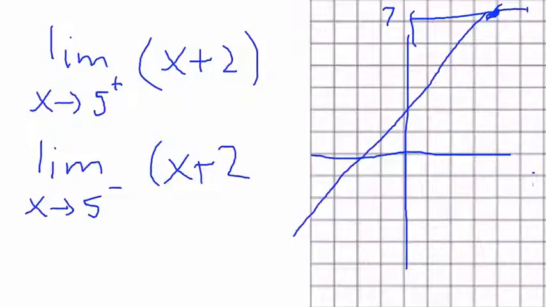Let me make the graph a little better. So this would be 5, and this would be 7. A right-hand limit asks for when it's coming from that direction, from the right-hand side.